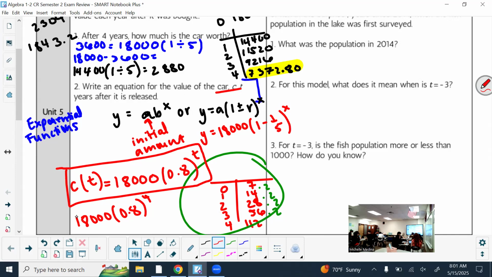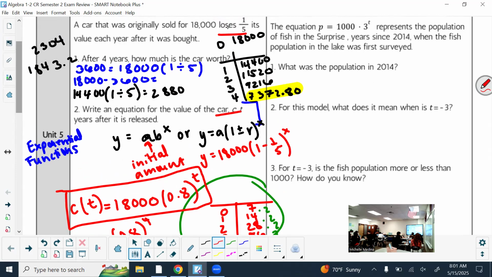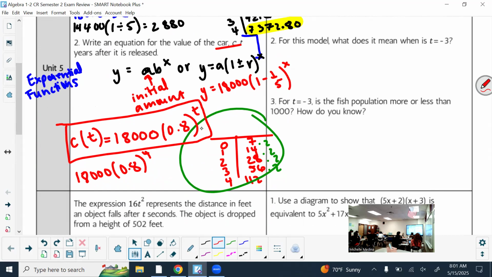So we problem solved our way through it here, although I do see a lot of people make mistakes when they problem solve it this way, because they forget that when time starts it's 0, and then it's a continuing pattern. If you could just remember how to make the equations, this is a lot easier. We have to identify initial amount, either what it's gaining or losing each time, or what it's multiplying by each time. And then x is always time.